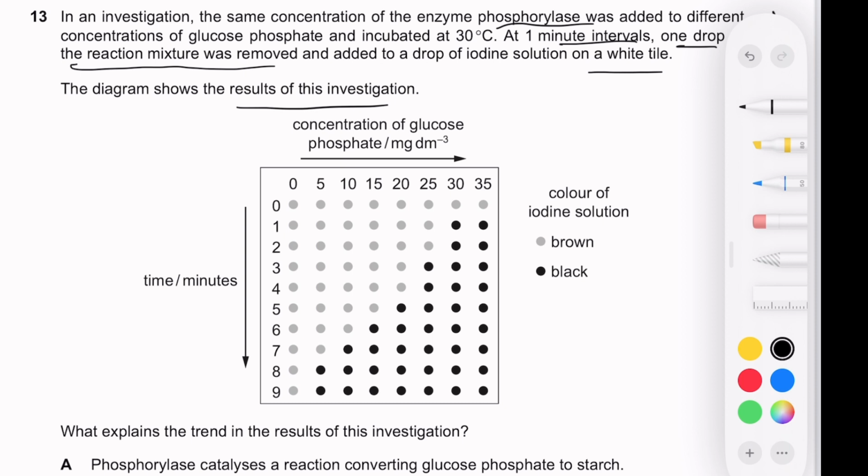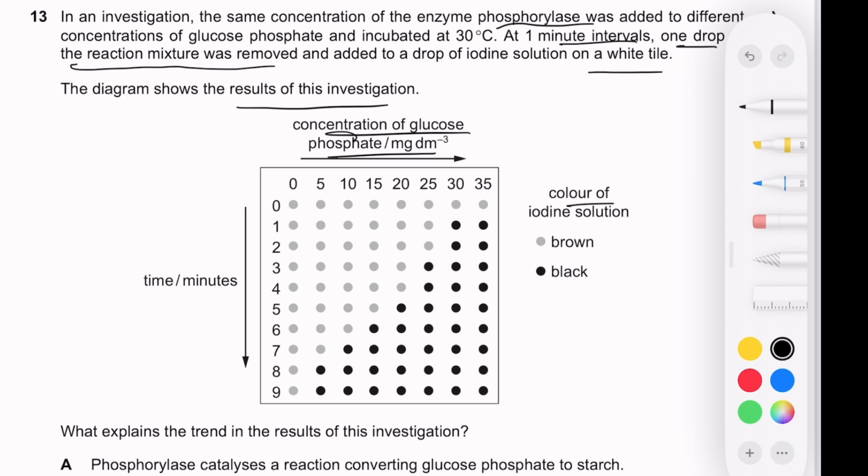So again, 1 drop of the reaction mixture was removed and added to a drop of iodine solution on a white tile. Okay, so we keep the mixture for a certain period of time, and at 1 minute intervals we take a drop. The concentration of glucose phosphate is different, and at different 1 minute intervals you can see the iodine.